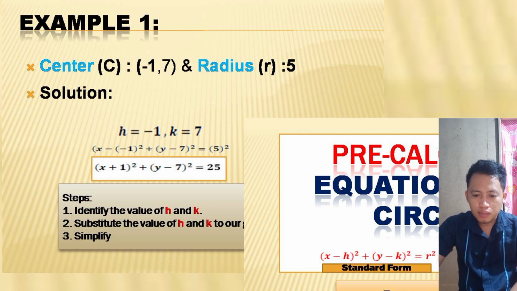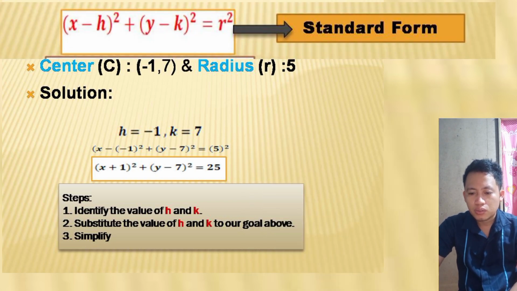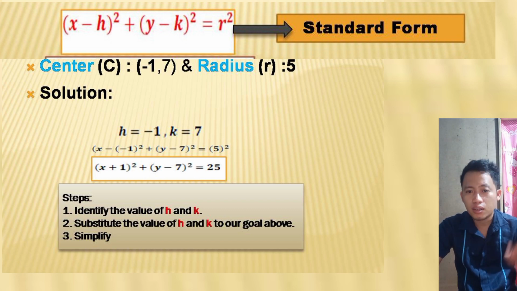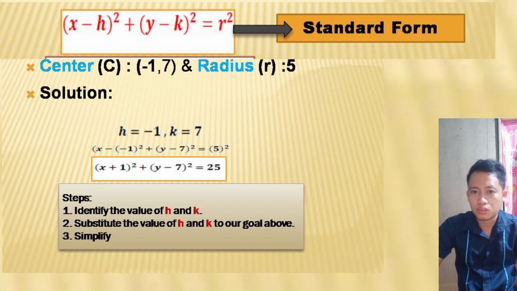Before that, we'll follow these steps. Number one, identify the values of h and k. Since the first element we have is -1, this is known as h. Then the second we have is k. Therefore, h equals -1 and k equals 7. Then second, substitute the values of h and k into our goal above. So our goal is to transform it into standard form.